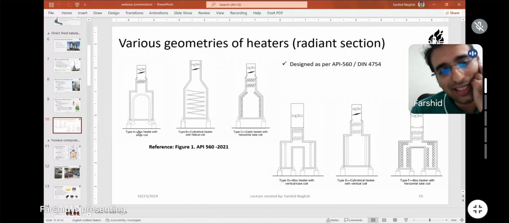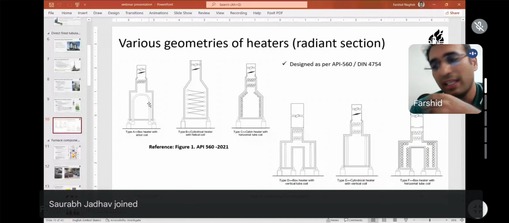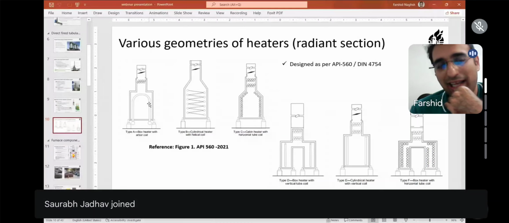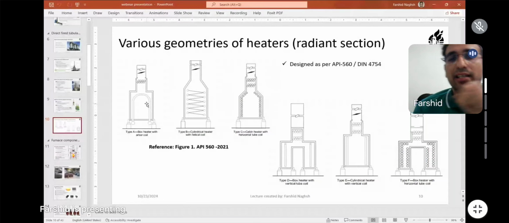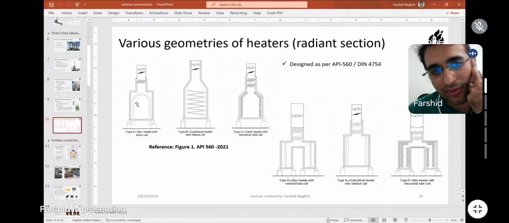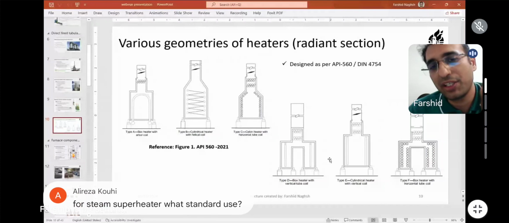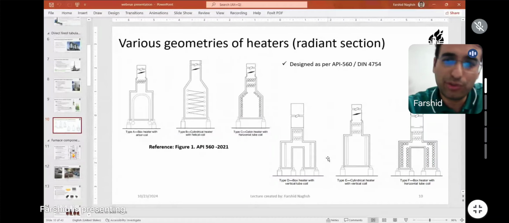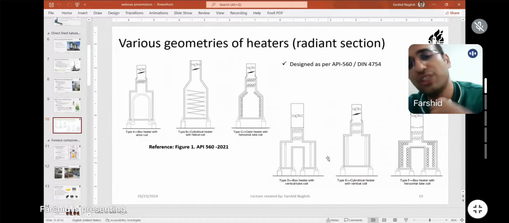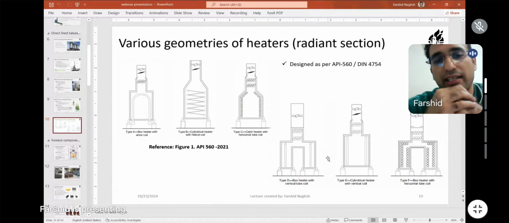You see, this configuration of the heater is, as my experience tells me, the lowest duty available as a heater. When we talk about other heaters, we can increase the duty. Better to say that when the duty increases, you have to change the configuration of the heater you're using.